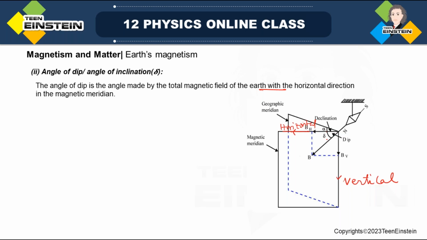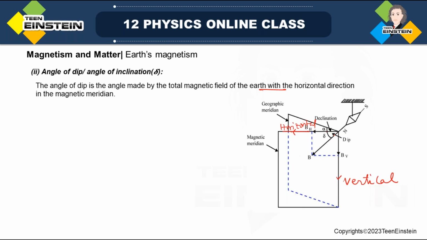So that particular angle delta here is the angle of inclination.